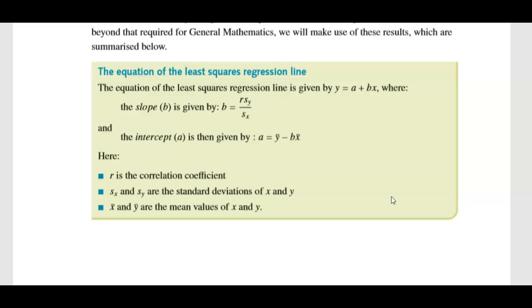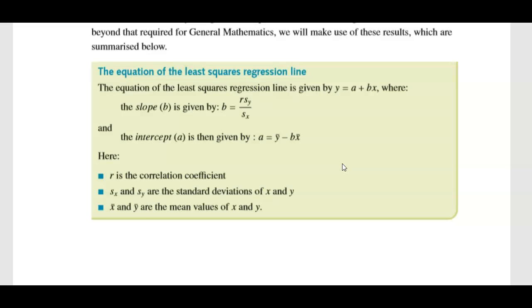Often you'll get a question that asks you to use this, and sometimes students are like, what is this? That just means you've forgotten about it. You need to remember it exists. So when you start seeing a question that refers to b, r, sy, sx and so on, it's a straightforward formula question. You just plug things in and it spits out the answer for you.